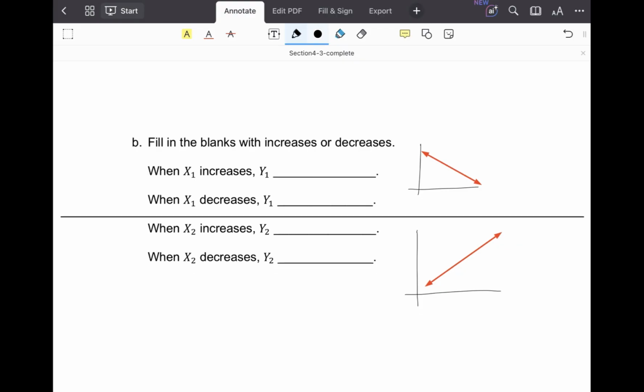Okay, so for x1 increasing, so x1 going to the right, the y1 was decreasing. X1 decreases, that's going from right to left. The y1 is increasing.